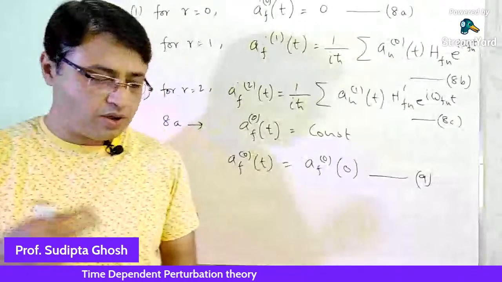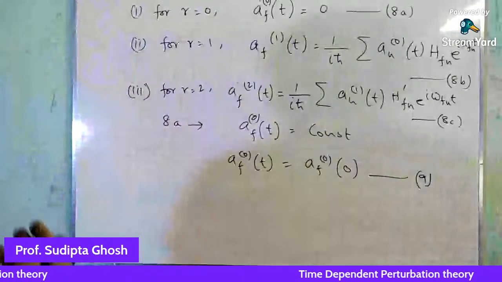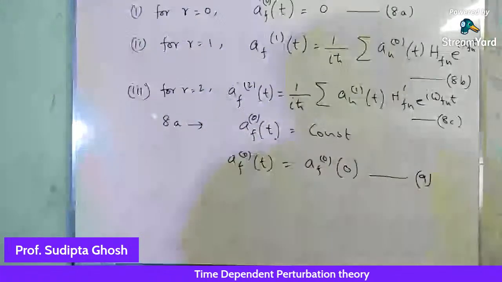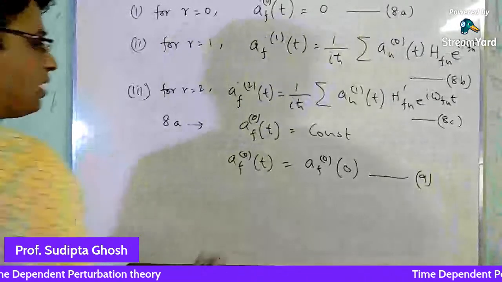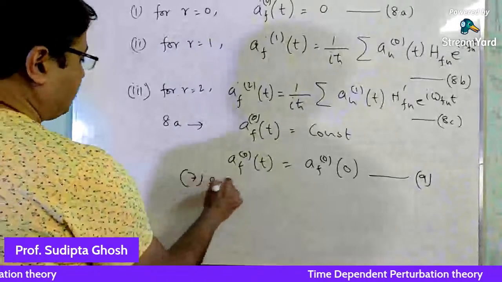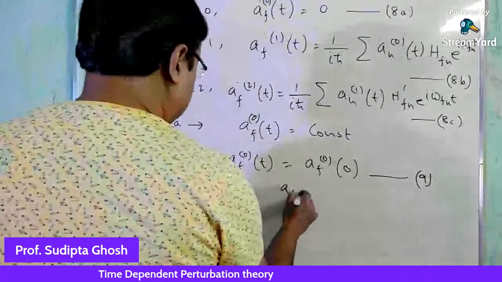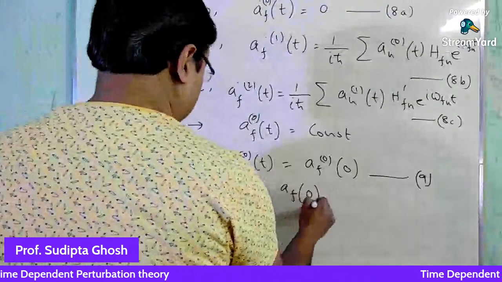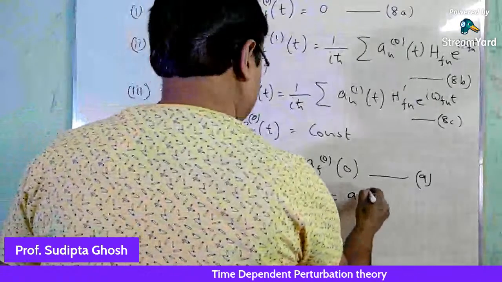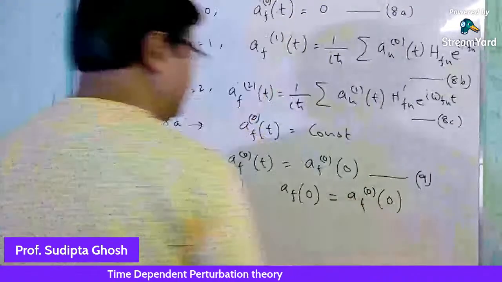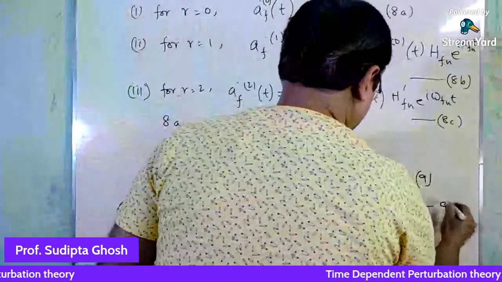So from equation 7 and from equation 9, see carefully, we can write that a_f0, that is at time t equals 0, is actually a_f0 at time t equals 0. So this can be written as equation 9a.